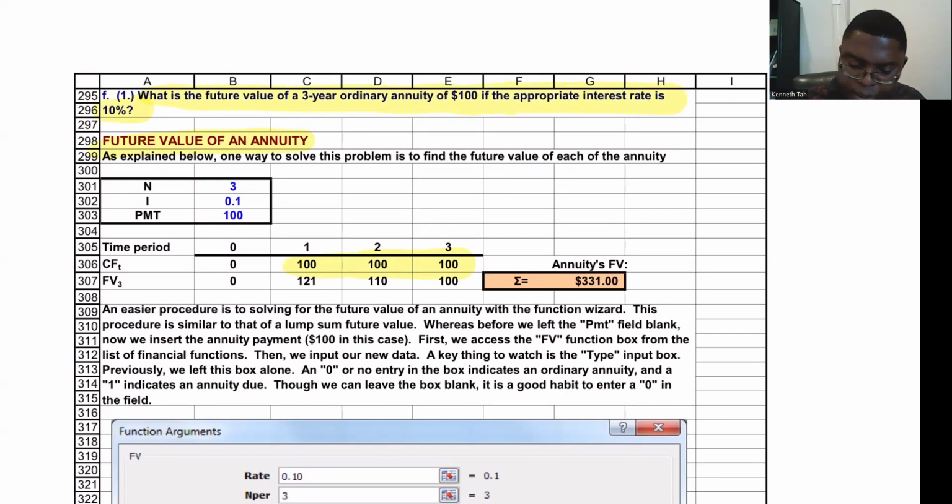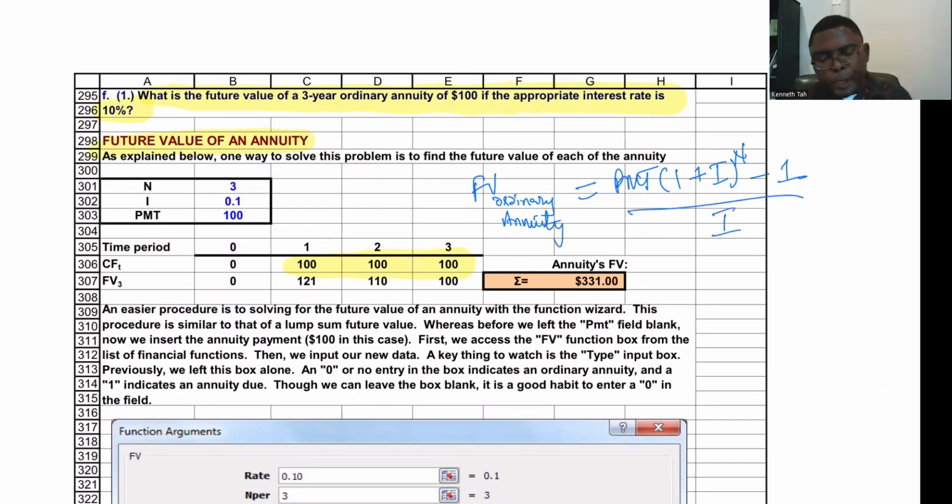If we are using the formula, the future value of an ordinary annuity is equivalent to payment times 1 plus I, for interest, raised to the power n, minus 1, divided by I. So that is the formula of the future value of an ordinary annuity.